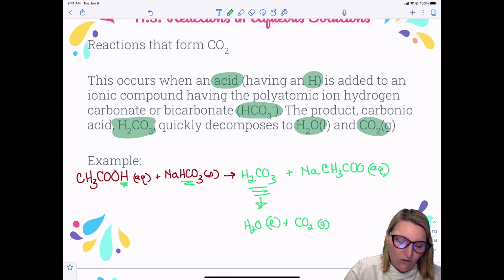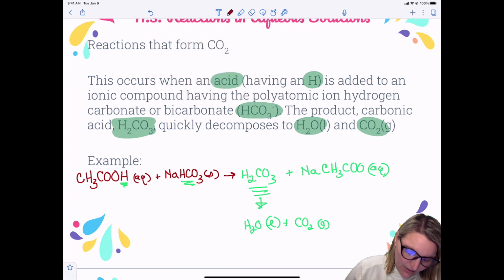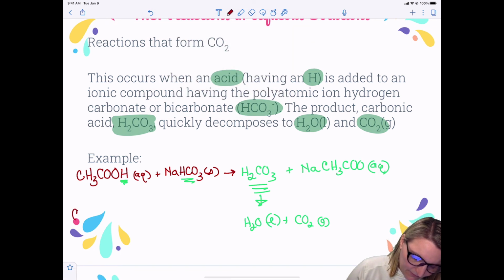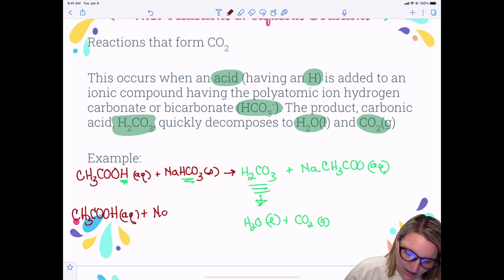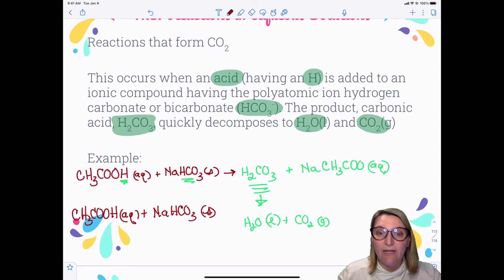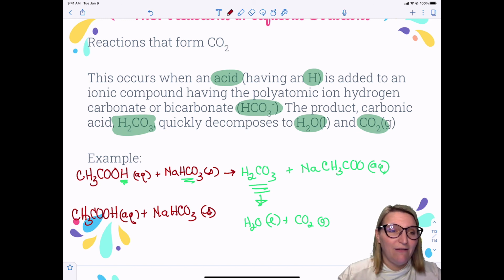So if I were to write the whole equation out, I would have CH3COOH aqueous plus NaHCO3 solid. I'm not splitting up the vinegar, acetic acid, because it's a weak acid. Again, I'm not going to test you on that. Sodium hydrogen carbonate is a solid.